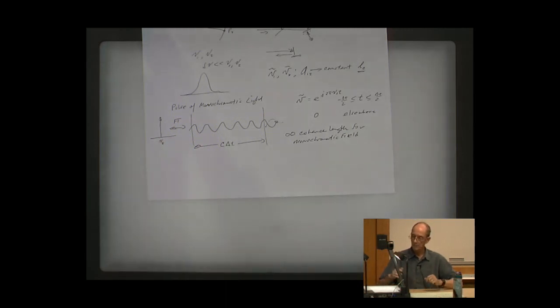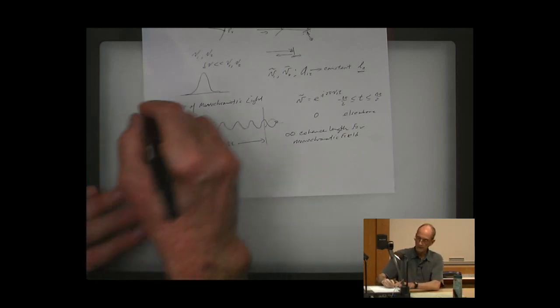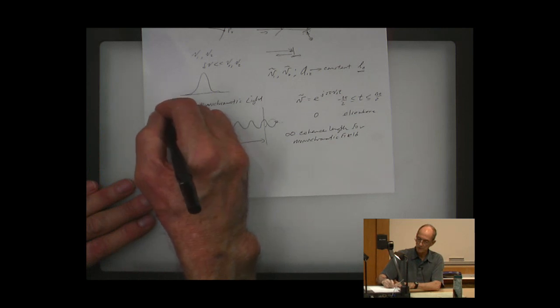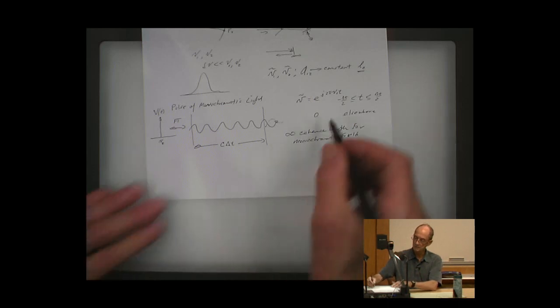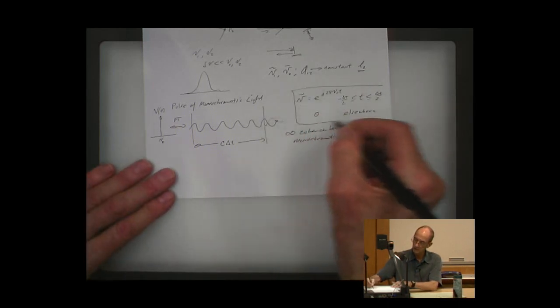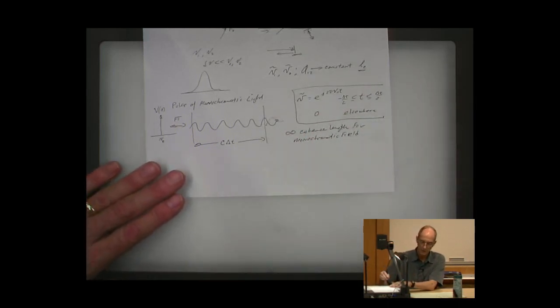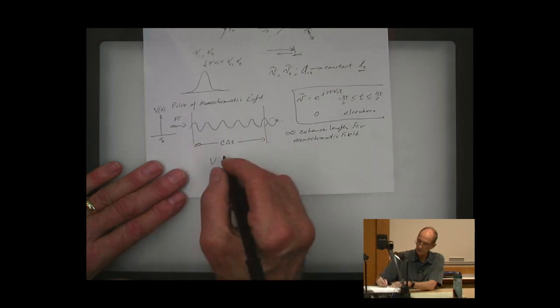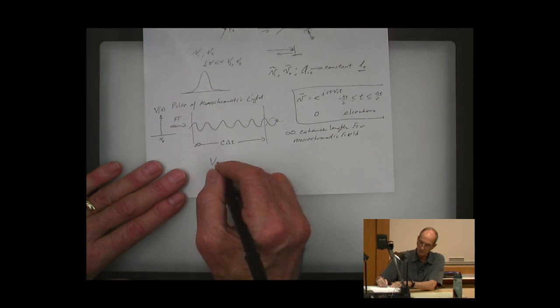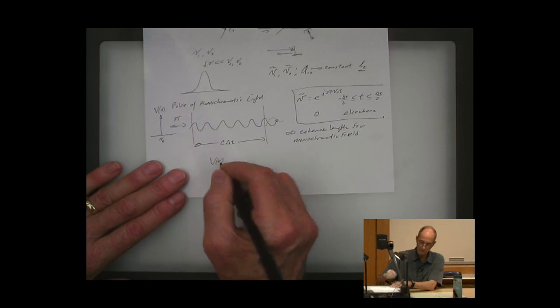So we already see that we have a Fourier transform relationship there, and this is the spectrum of our field. So let's look at the spectrum of this pulse that we just constructed. We have now the Fourier transform of that time-varying field, v of nu.